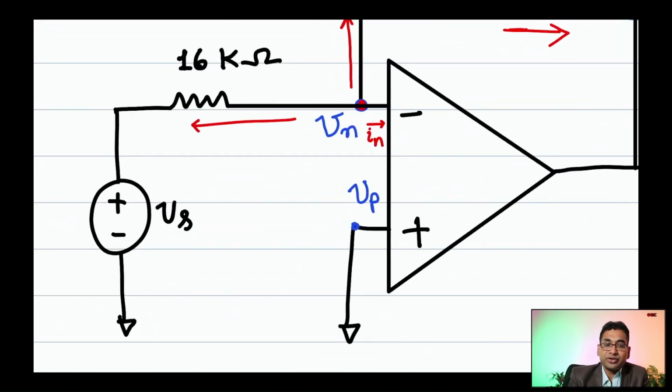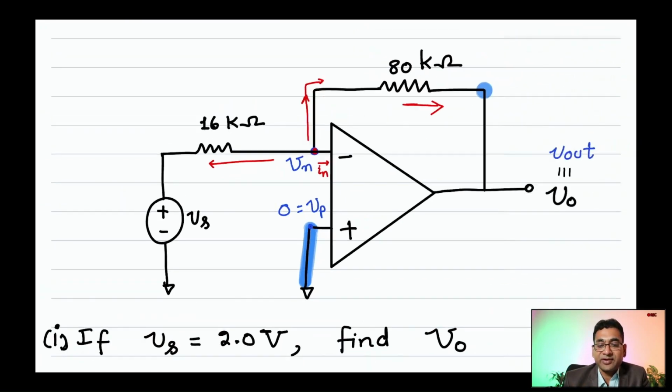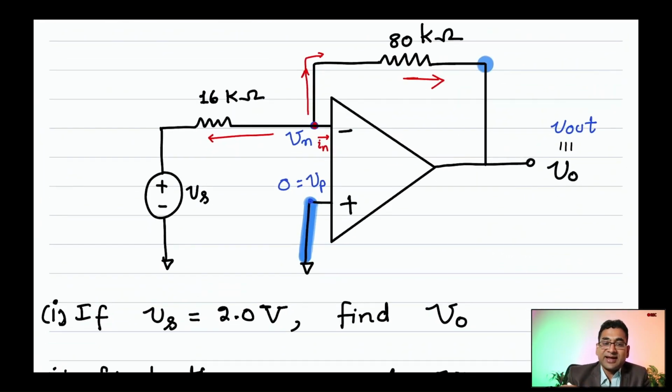The problem, sure enough, Vp is tied to what? Is tied to ground. Vp is tied to ground, right? So Vp is 0, and because Vp is 0, Vn also turns out to be 0, right? So that's the idea of virtual short.